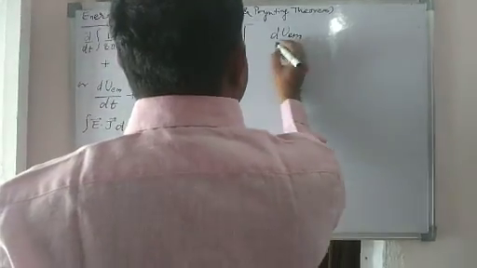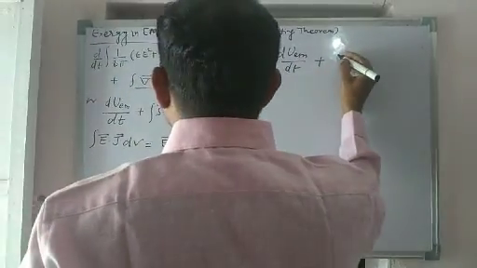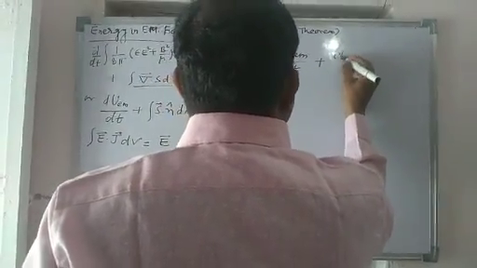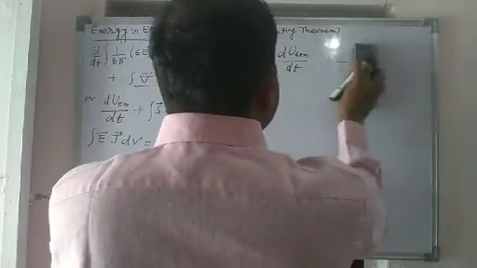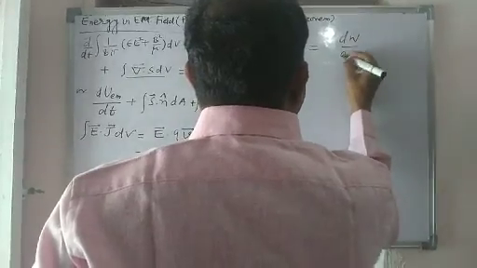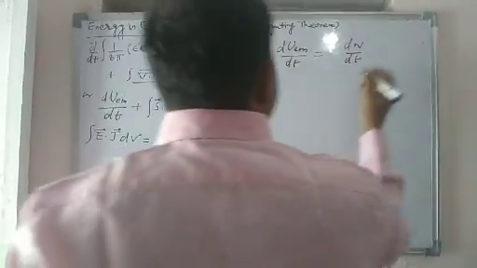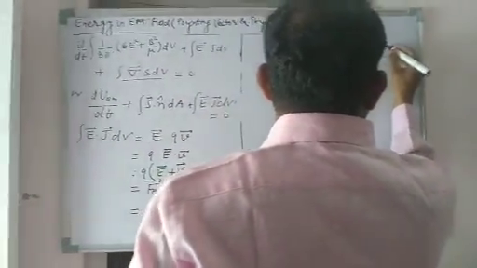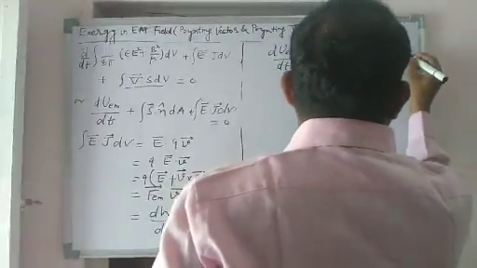And therefore we could write this equation as dU electromagnetic by dt is equal to dW by dt plus S dot n hat dA.